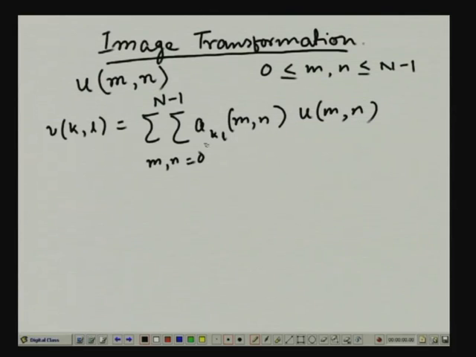So, here A k l is a matrix again of dimension capital N by capital N, but in this case the matrix itself has an index k l, and this computation v k l has to be done for 0 less than or equal to k, l less than or equal to capital N minus 1. So, this clearly shows that the matrix that we are taking is of dimension capital N by capital N, and not only that, we have capital N into capital N, that is N square, number of such unitary matrices.